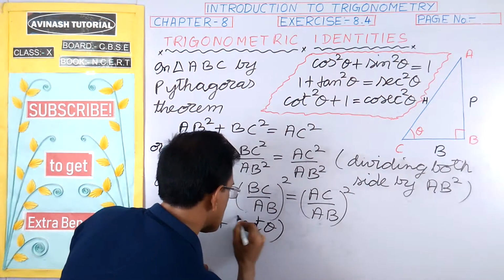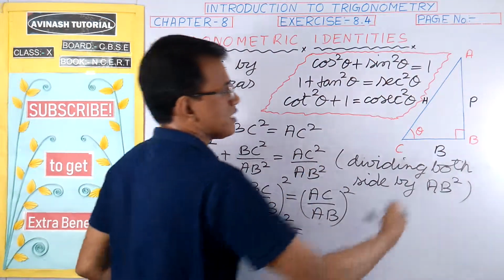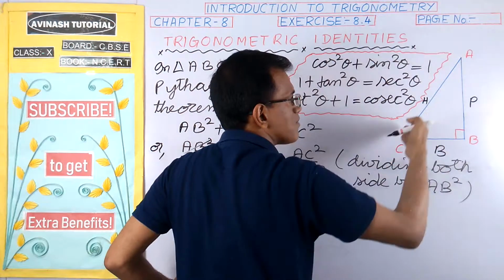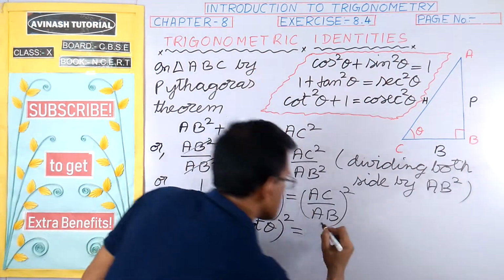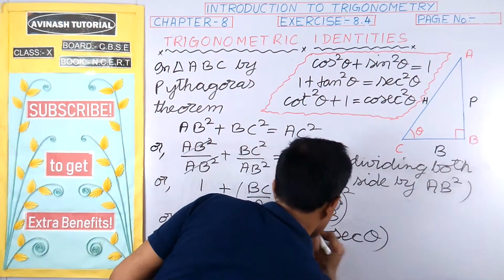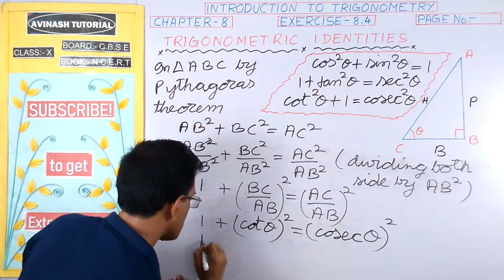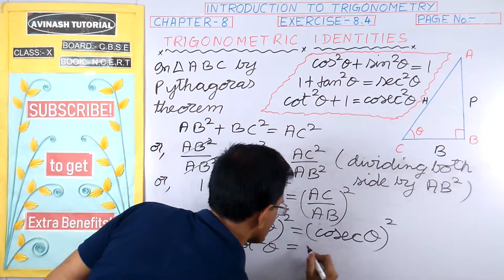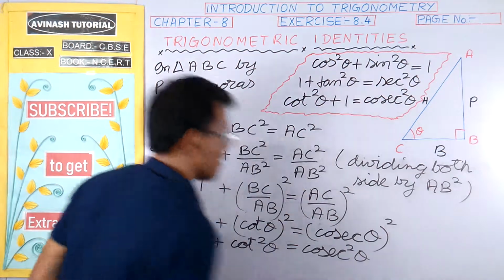So cot theta whole square is equal to AC by AB, that is hypotenuse by perpendicular, which is called cosec theta. So we can write this equation as 1 plus cot square theta is equal to cosec square theta.